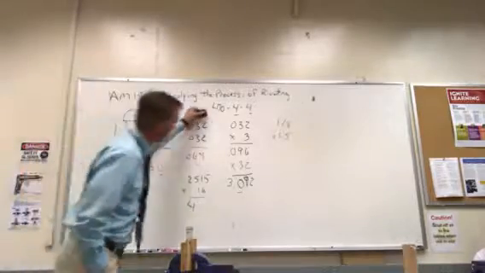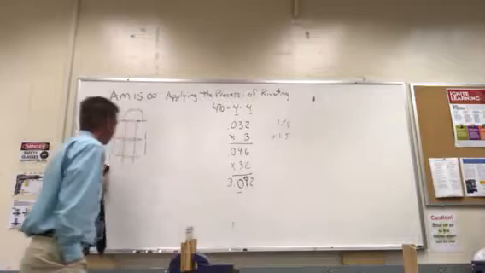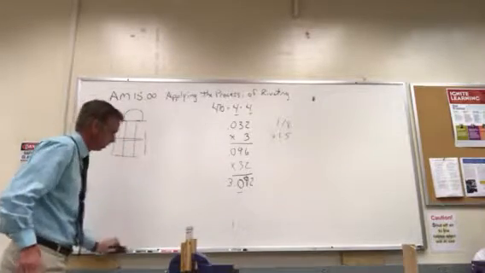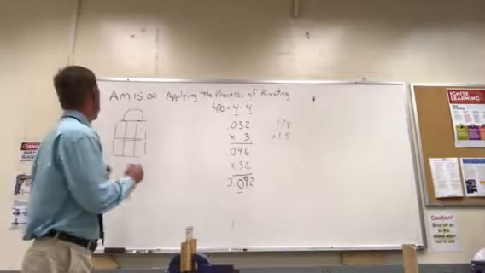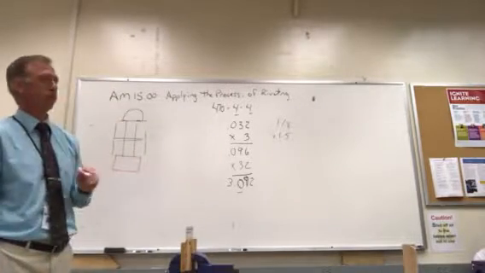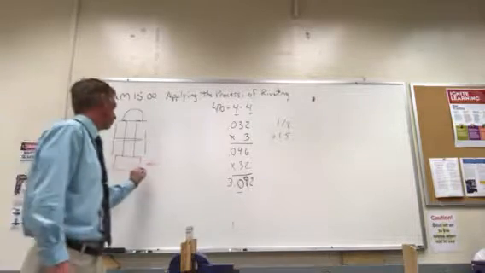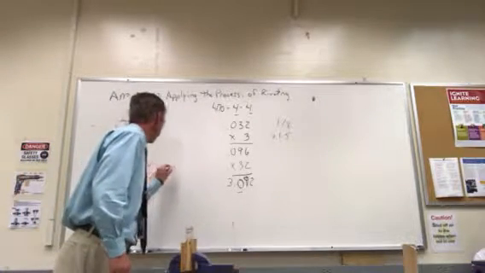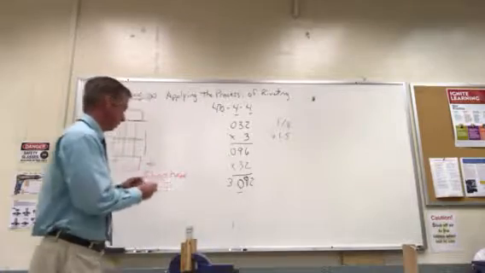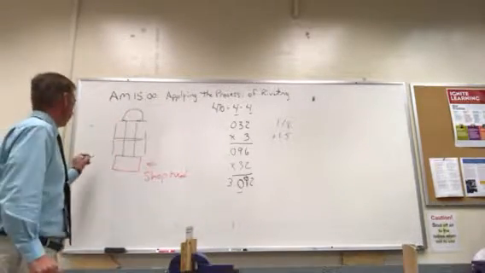Good? Okay. Now we need to rivet this piece here. I'm going to change the color just a little bit. Now when we rivet it, we've got that right there. What is that portion called? Shop head, good. So we now have a shop head. What is the measurement of that shop head? 1.5, good.